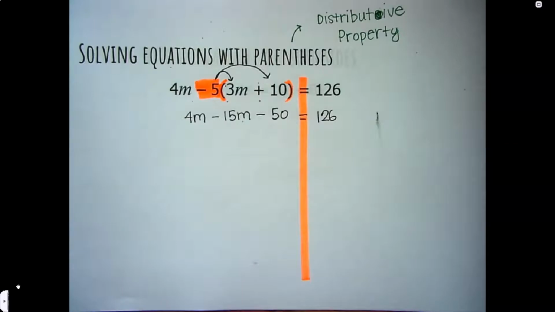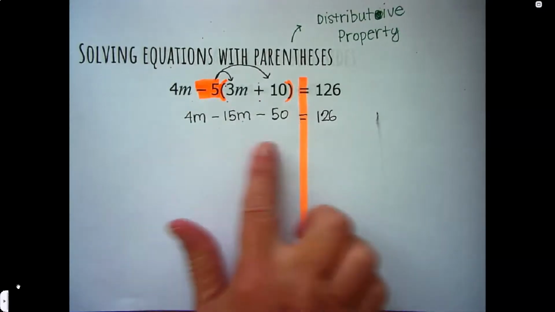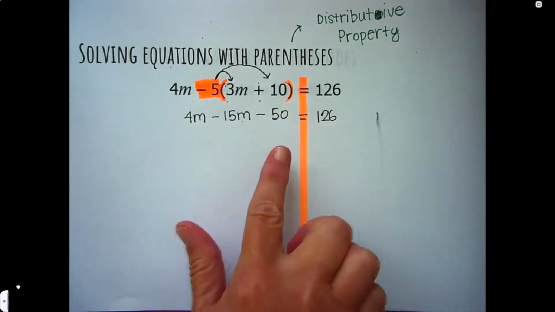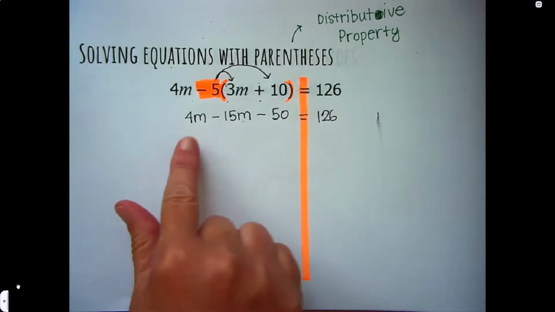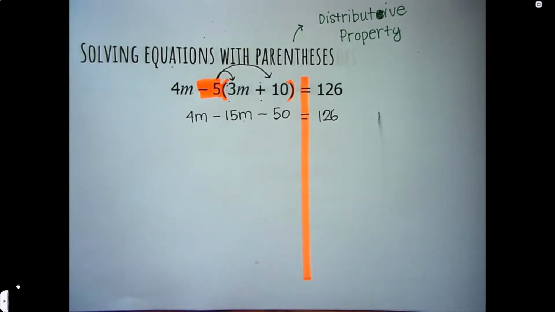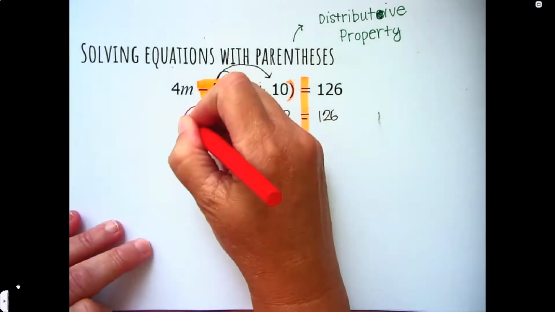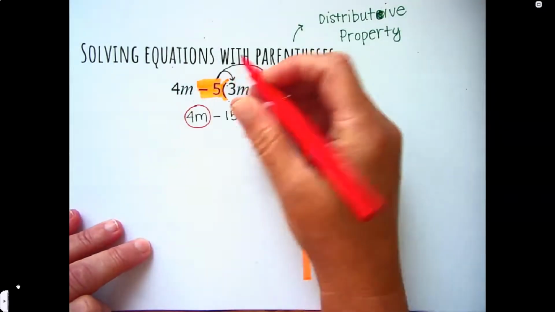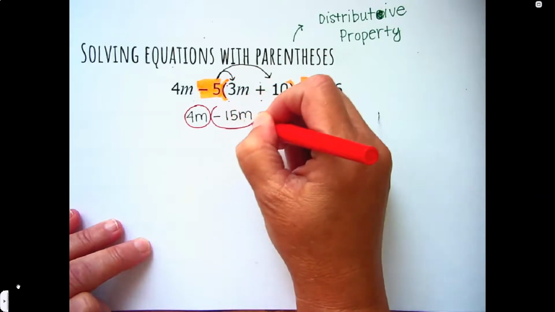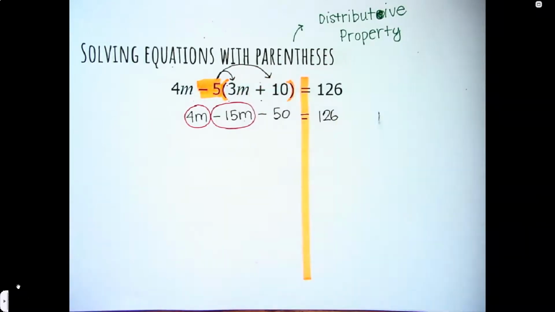So when you see parentheses in your equation, distribute to make those go away. All right, now you'll notice that if I look at this left-hand side of the equation, I see two terms that have the variable m. Those are like terms, just like we did in that last example. So we can combine these. We can do 4m combined with negative 15m.